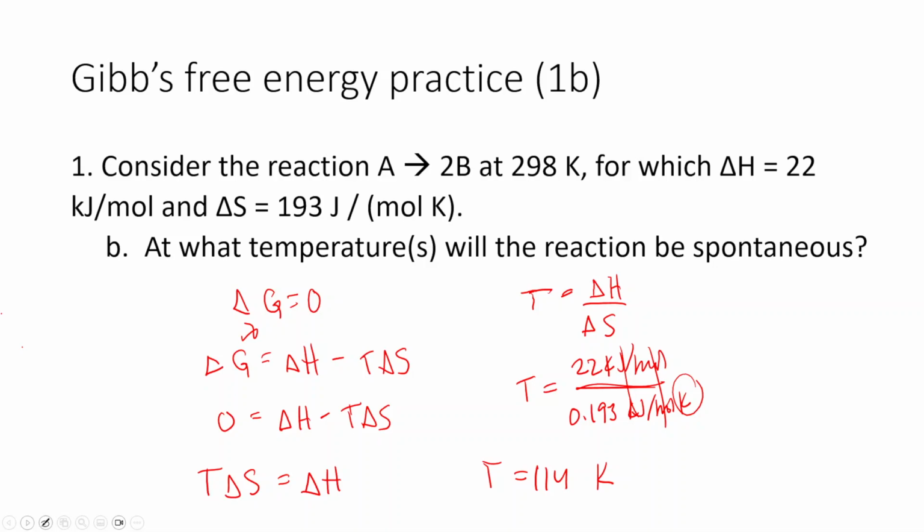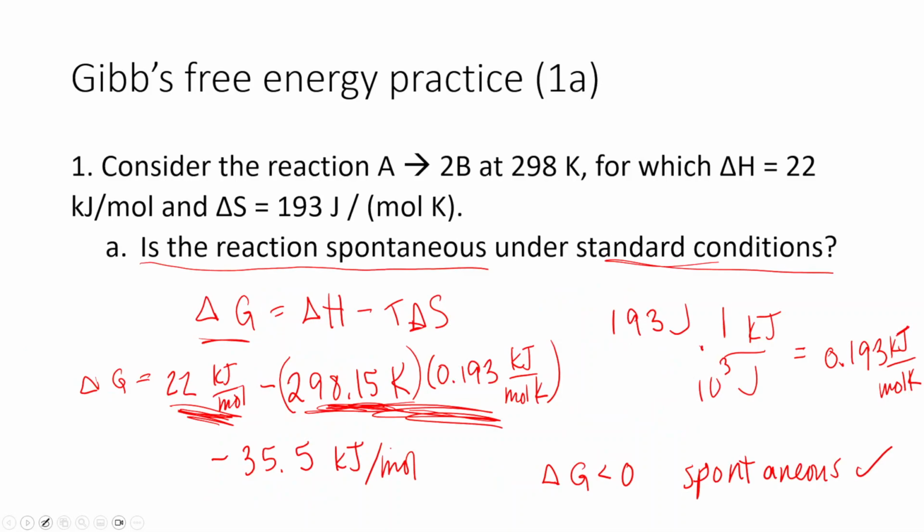And so now, did you tell me if temperature is over or under 114 are the spontaneous ones? Yeah, so if you're ever not sure, a good way to do it is to test it out using our original equation. We actually already did this in our last problem, right?